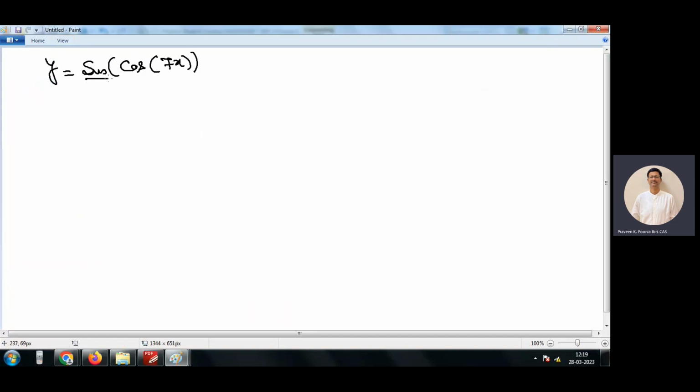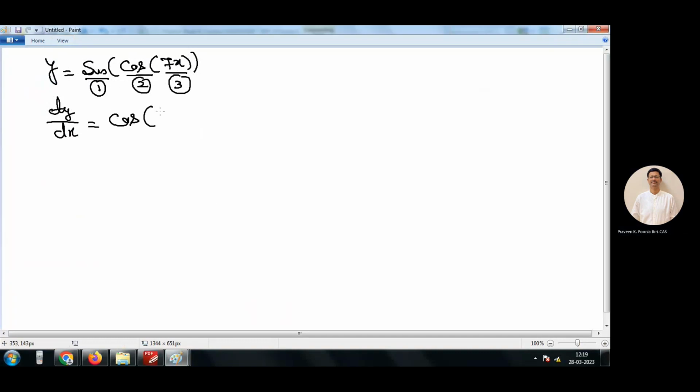So here sine is the first function, cosine is the second function, and 7x is the third function. There are three functions here. It is not one function only. Sine is a function of cosine x, cosine is a function of 7x. Clear? So while you differentiate, first we will differentiate the first function. What is the derivative of sine? It is cosine. And cosine inside is the same, no change.